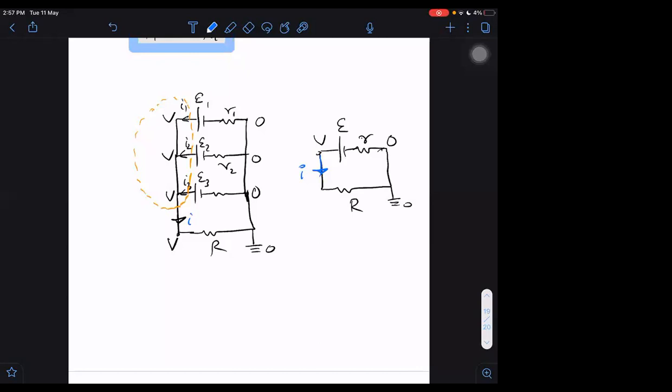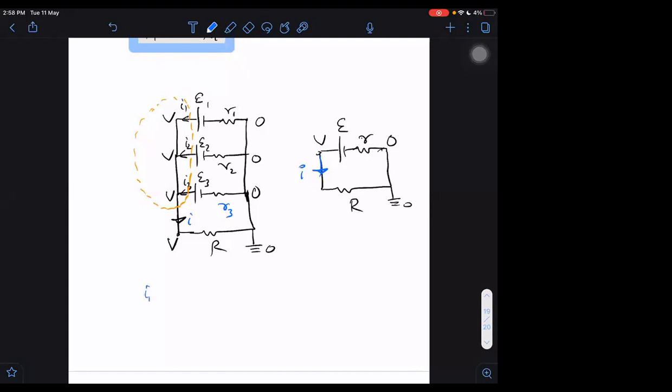One answer will be for determining net EMF, and one answer will be for determining net internal resistance. All you need to do is apply KCL.